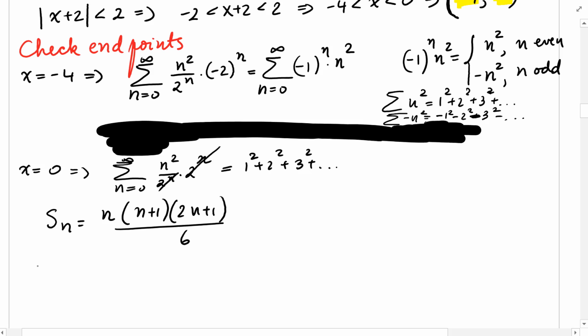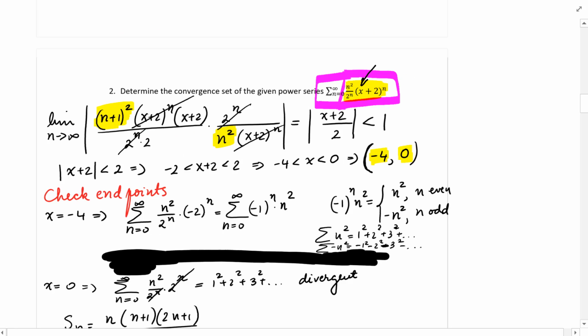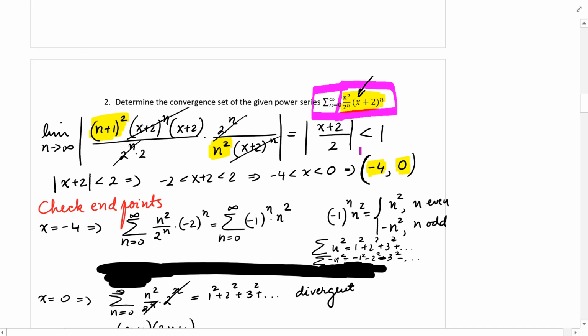If you calculate the limit as n approaches infinity of S sub n, you're going to get infinity. So this is divergent. Because of that, we leave our final answer in this format: the convergence set is (-4, 0).